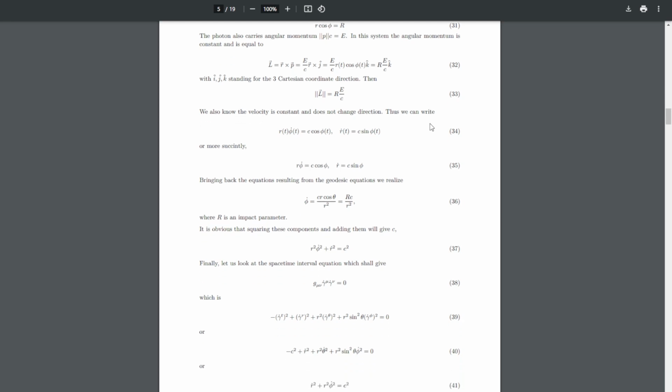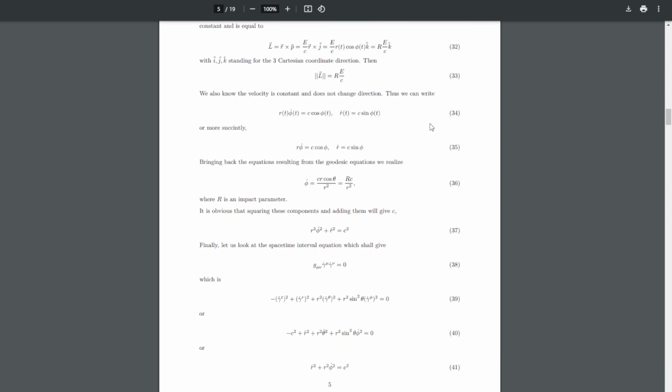So we realize that the constant in the equation of motion, phi dot equals constant over r squared, actually stands for Rc, and of course we deduce that by looking at our diagram.